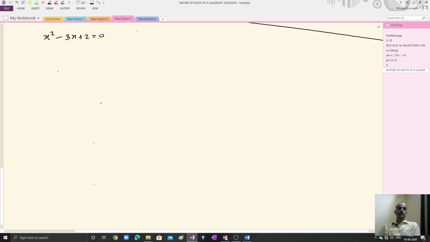This is an example that we discussed in the previous session, as an example for factorization. You remember it or not? So, here a is equal to 1, b is equal to minus 3 and c is equal to 2.